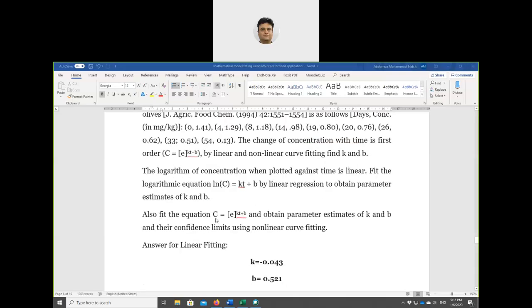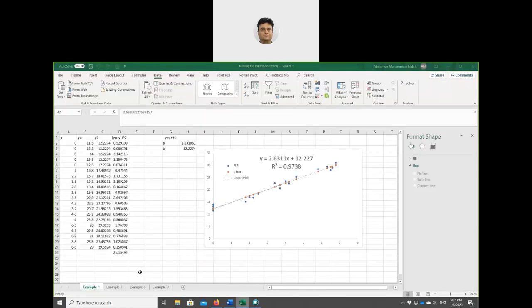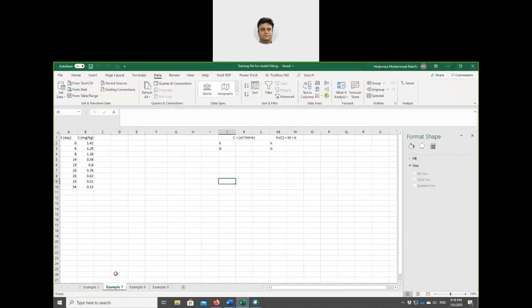Also we can fit the equation by non-linear. C is equal to this one. I want to show you how you can do linear and non-linear fitting. Okay, the example, open example 7. Here I want to do the linear part first.